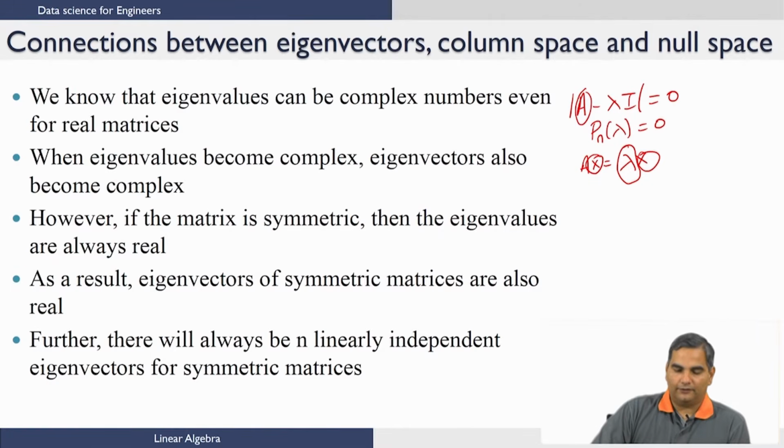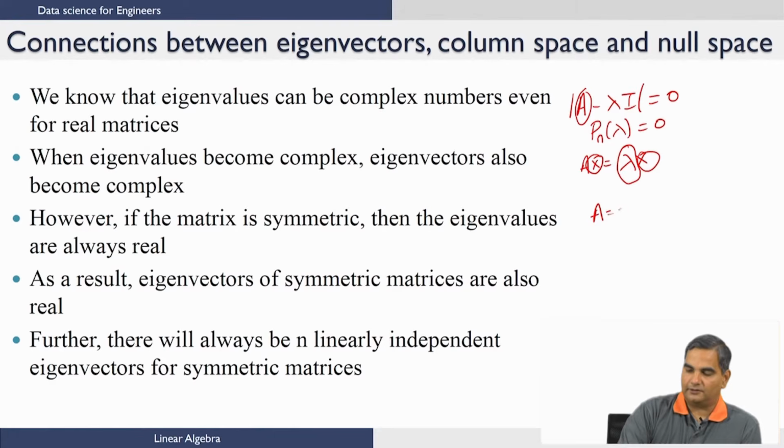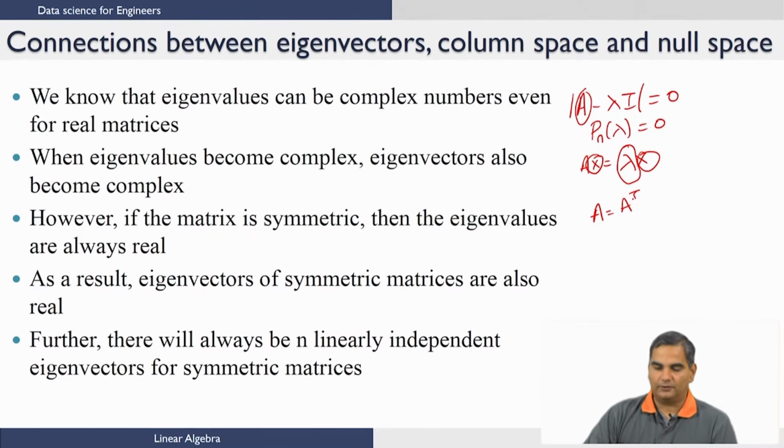However, if the matrix is symmetric, and symmetric matrices are of the form A equal to A transpose, then there are certain nice properties for these matrices which are very useful for us in data science. We also encounter symmetric matrices quite a bit in data science. For example, the covariance matrix turns out to be a symmetric matrix, and there are several other cases where we deal with symmetric matrices.